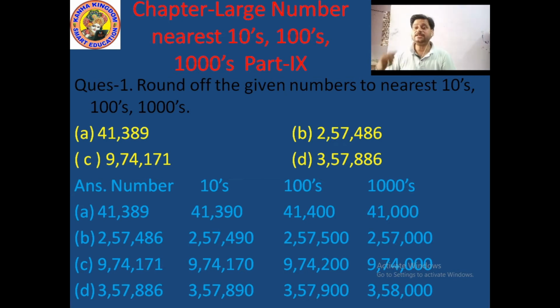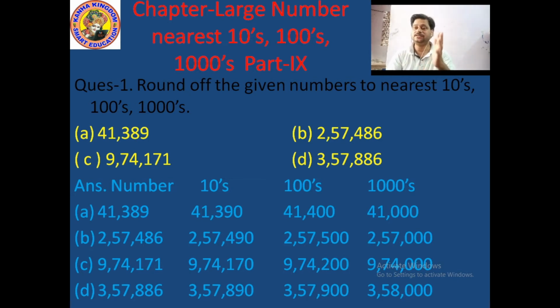Yes, 9 is more than 5. So what do you have to do? First you convert the ones digit into 0, and because 9 is greater than 5, you add one more number in the tens place.